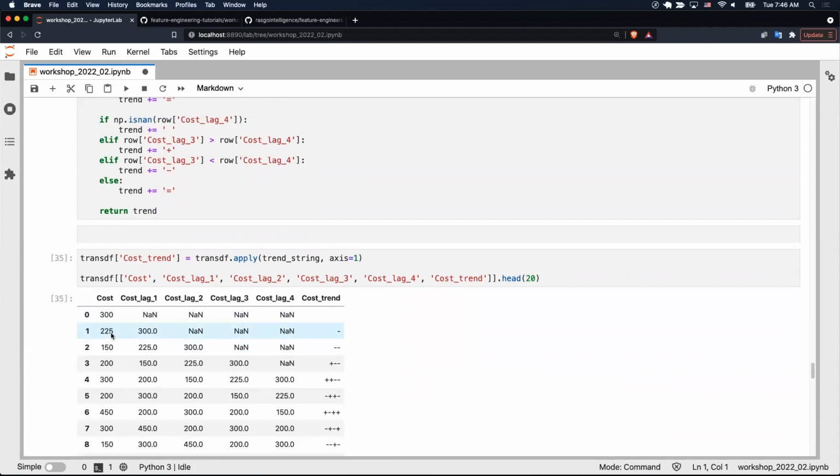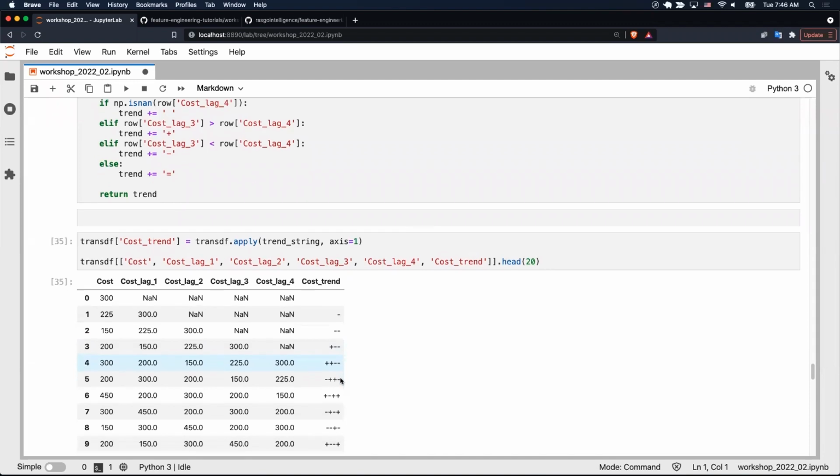Second transaction. Current purchase is 225. Purchase one ago is 300. String is negative. Next transaction, 150 is smaller than 225 is smaller than 300, two negatives. Oh, here the transaction is increasing. So we have a positive sign and two negative signs, and so on to build that up.